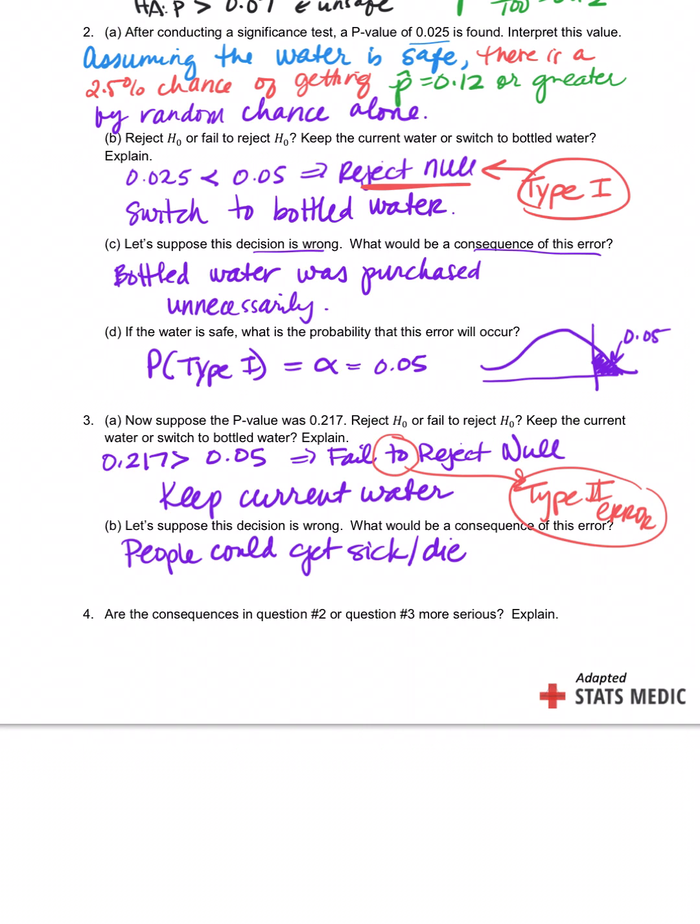So what's the consequence? We said people get sick or die, right? So number 4, which is worse? The consequence of a type 1 or the consequence of a type 2? Type 2. And it's always that way. No matter what the scenario, type 2 errors are more detrimental. Why is it more detrimental?